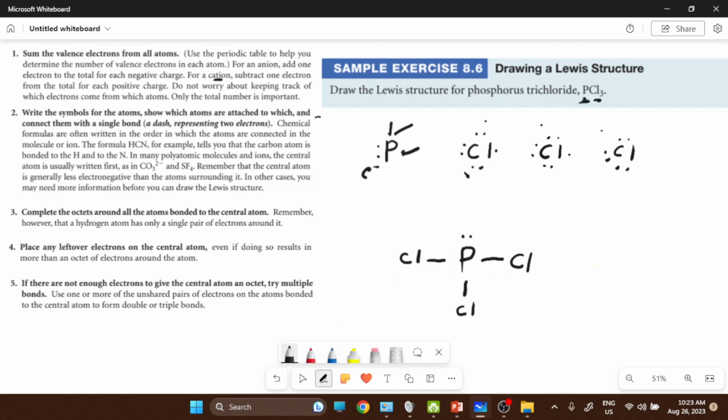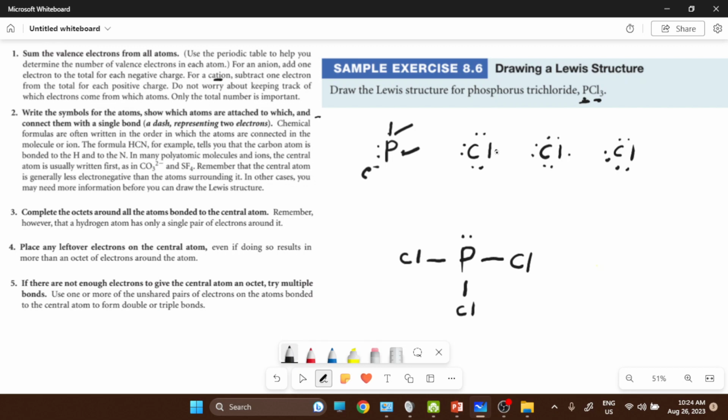If you want to learn more on the Lewis structure, mag-search kayo sa internet para ma-drawing ninyo siya in your intuition. Pero hindi pa dito nagtatapos yung ating Lewis structure, because we have remaining electrons in this case. Okay, let's just erase that.